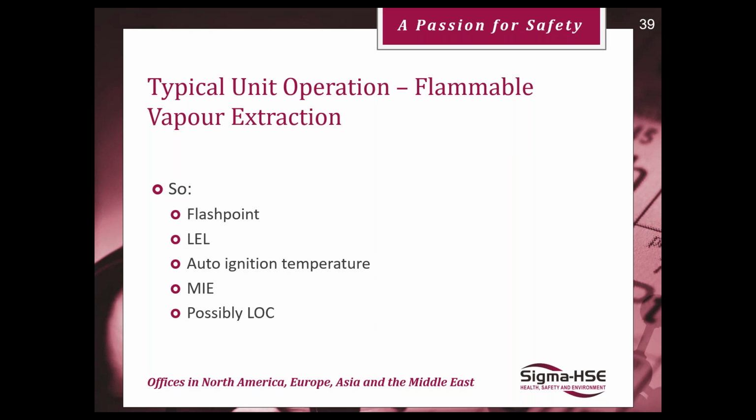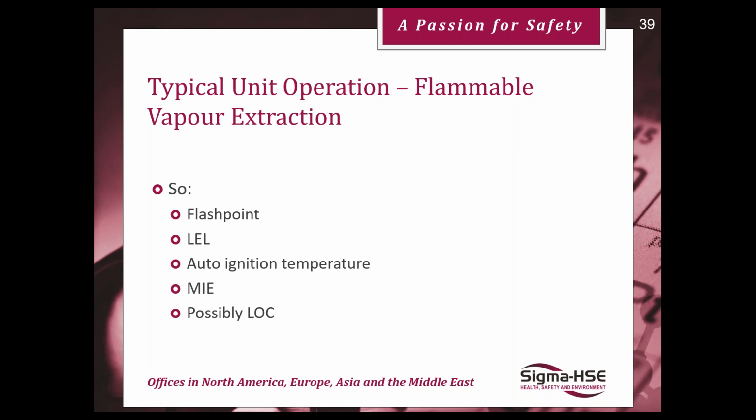Knowledge of the auto-ignition temperature, the MIE again, and possibly limiting the oxygen concentration. So you can see, hopefully, that there are many ways of killing a cat, but we need to understand the substances we're dealing with.